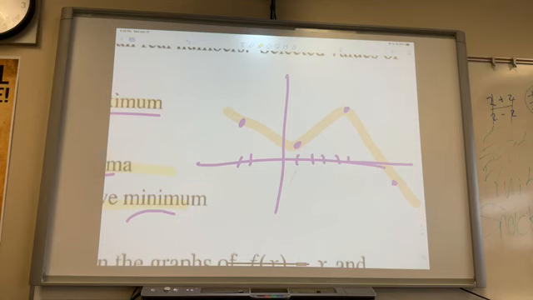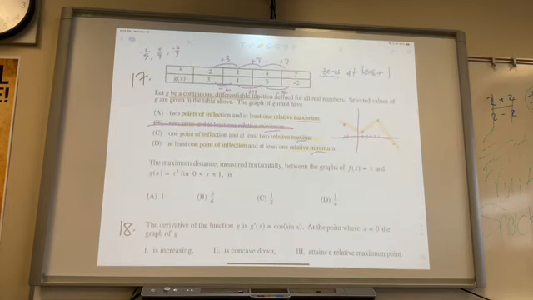What do you think, Henry? We know that it's differentiable though, which means that it has to be curvy. You're right, Henry. So if it's differentiable, there's no sharp corner. So there has to be at least one point of inflection.